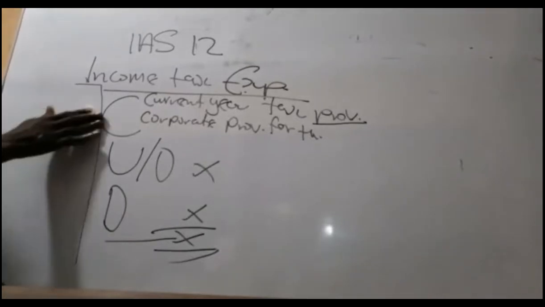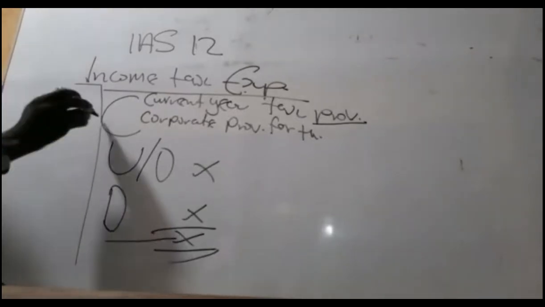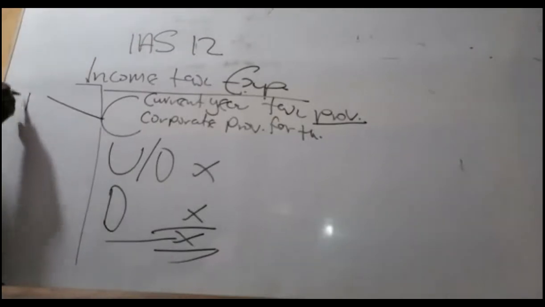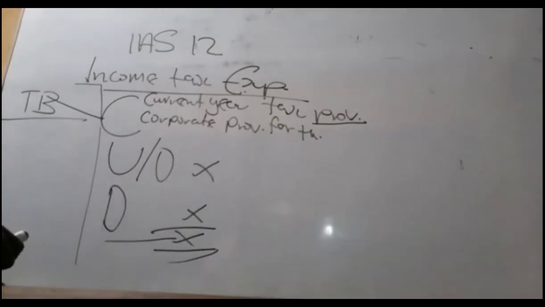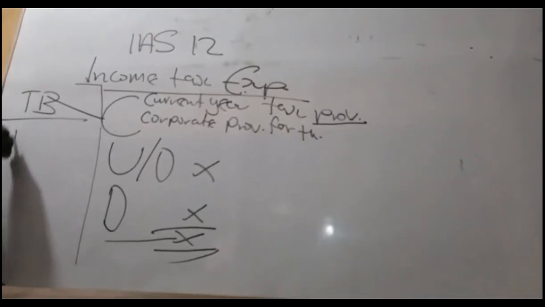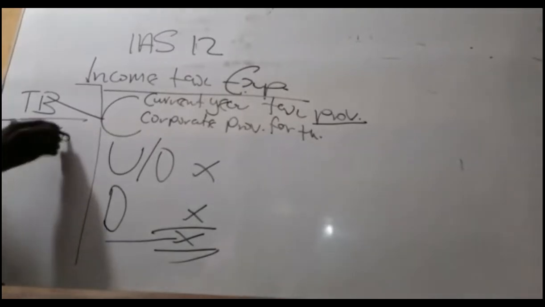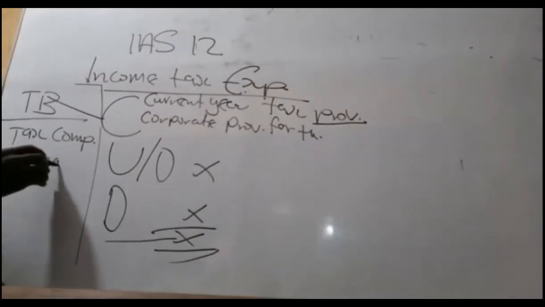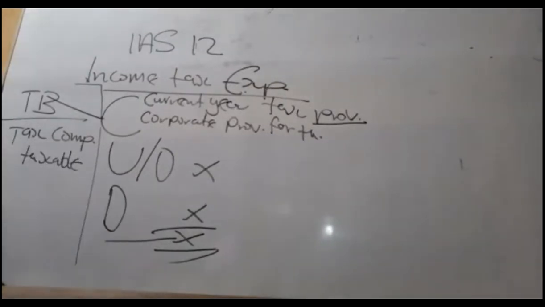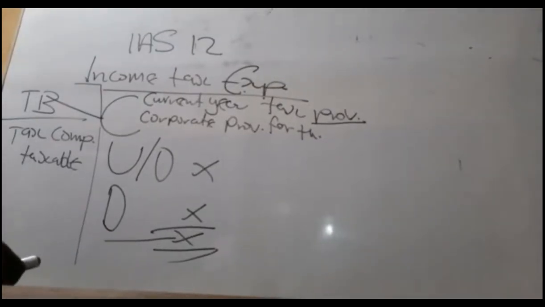They will give it to you in a question, and you can find it in two places. First, it can be the trial balance. If it's in a trial balance, we call it tax computed on taxable profit, or income tax expense for the year.